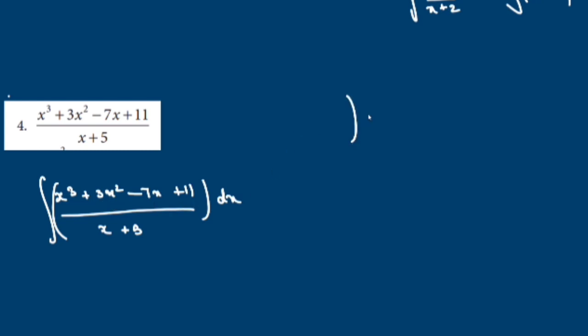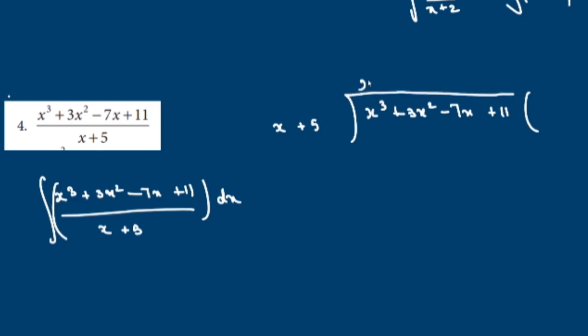So I am going to divide here, x cube plus 3x square minus 7x plus 11 divided by x plus 5. So when you divide, what do you get? The first term is x cube. Divide the first term by the first term. So you will get x cube divided by x will get you x square here.